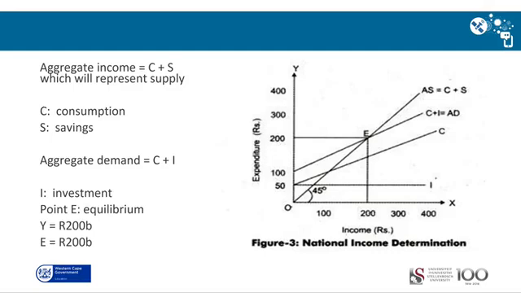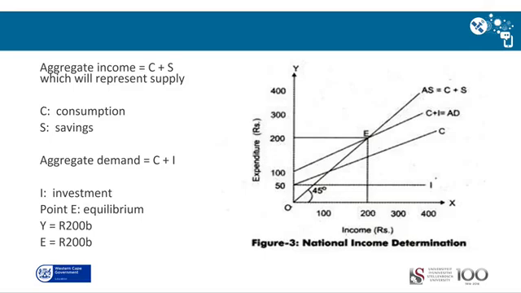At the point of equilibrium, what do we see? Our income, which is at the bottom here, and income, remember, is represented by the letter Y, is equal to 200 billion. And your expenditure is also 200 billion.